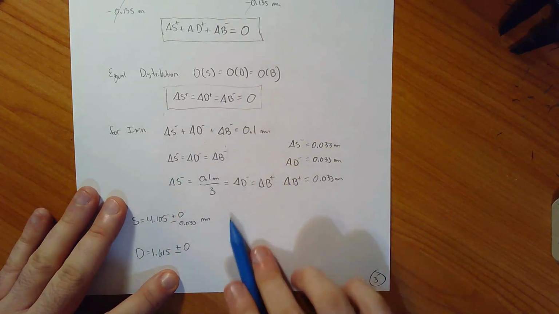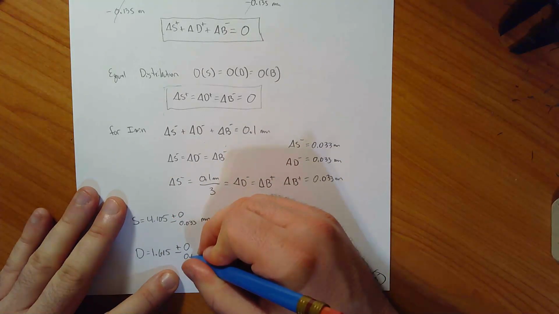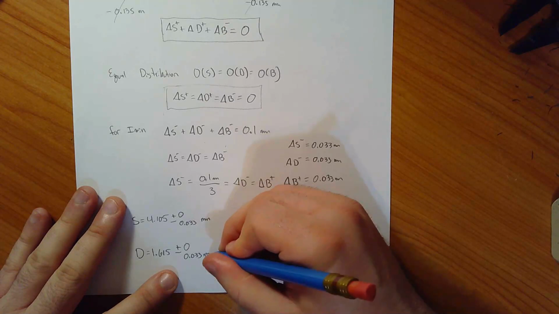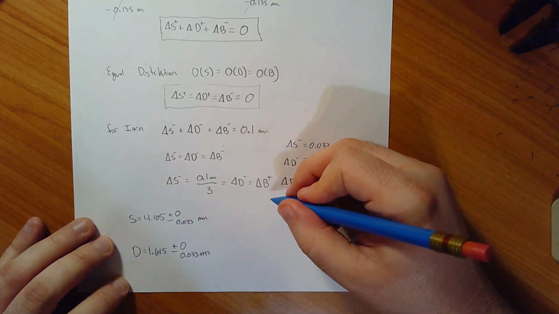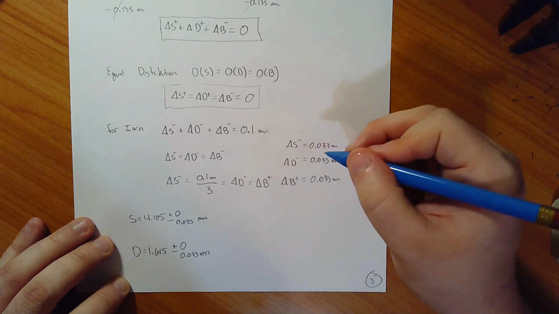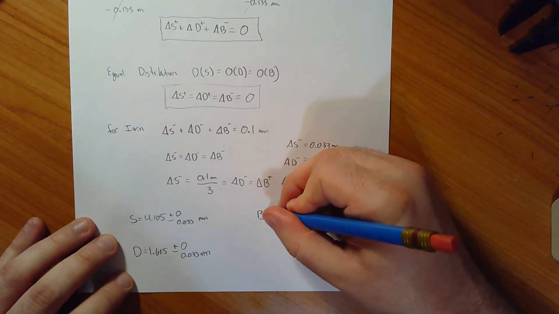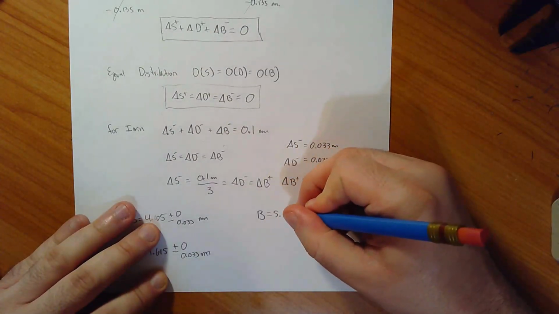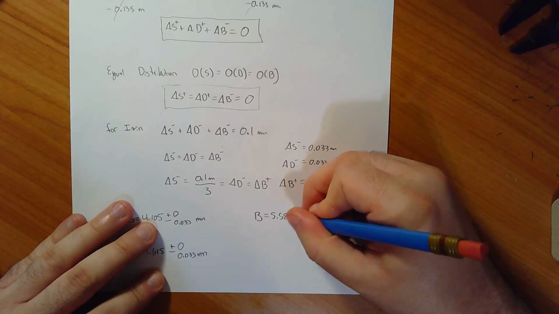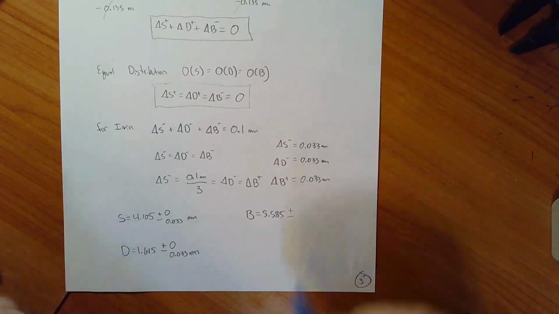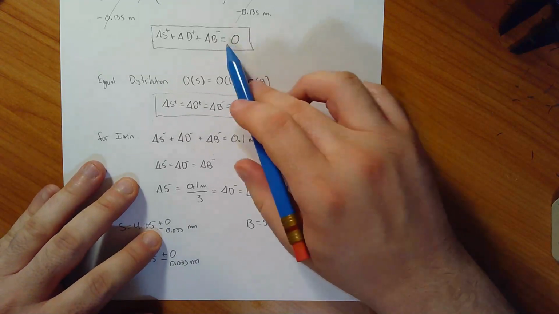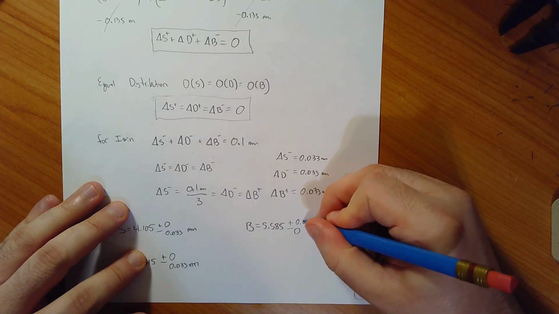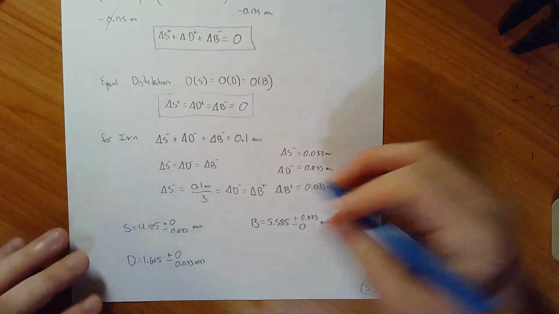D minus is, where is it? There it is, 0.033 millimeters. So, right, unilateral dimensions. And then, what am I missing? Oh, B. So B is equal to, from my original table here, 5.585, and then plus or minus. And now I have to be careful because they're reversed, right? So B minus was 0, and B plus is 0.033 millimeters, right? Okay, there we go.